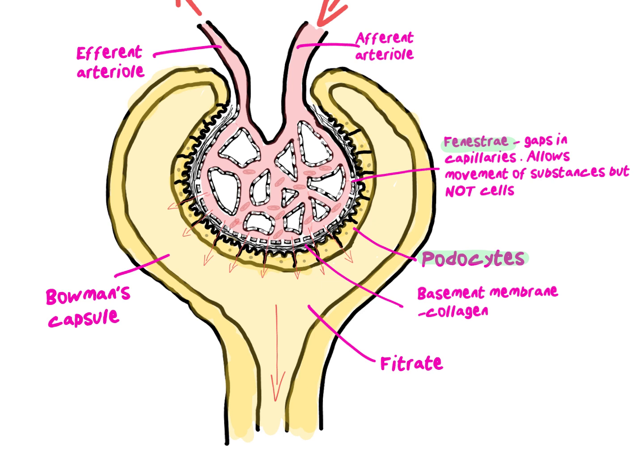And we've also got something between the capillary bed, the glomerulus, and the podocytes, which is the basement membrane. Now, this basement membrane is made of collagen, and again, the structure and function of this is really important and key to the functioning of the glomerulus and Bowman's capsule, and we will go into more detail as we move on.